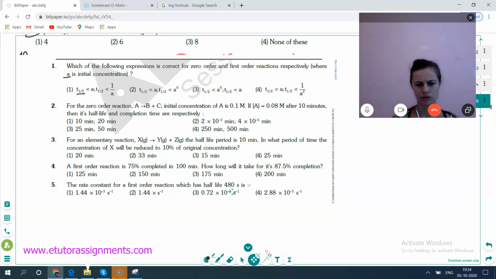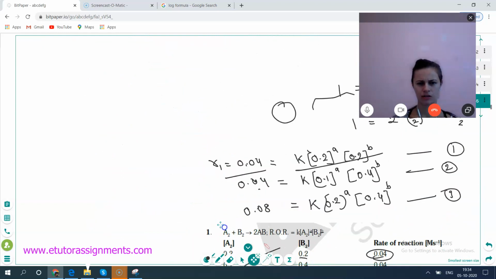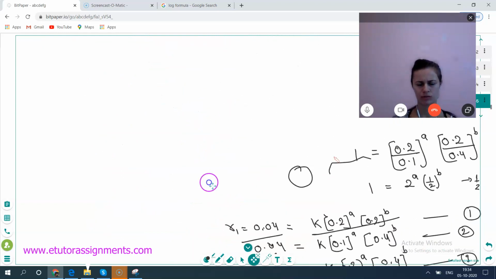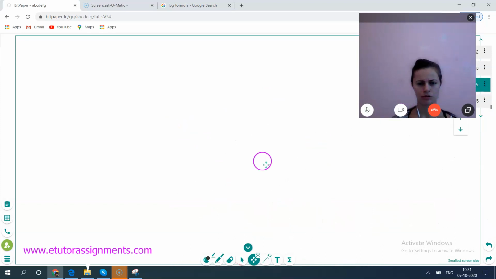Should I find the formula? T half means what? There is some formula there. You want to just make the formula? No, where is it, we have to find it.